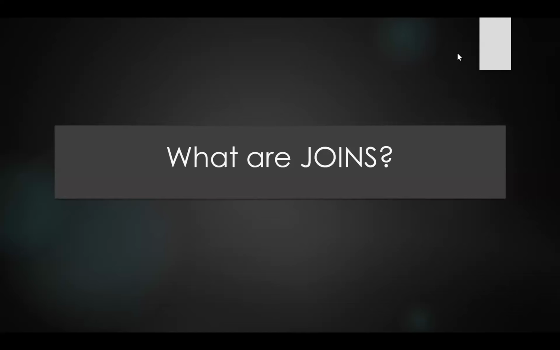So for example, in the film table, we have the movies, their titles, their descriptions, and we have something called a language ID. If you remember, we looked at something like that in the class briefly.